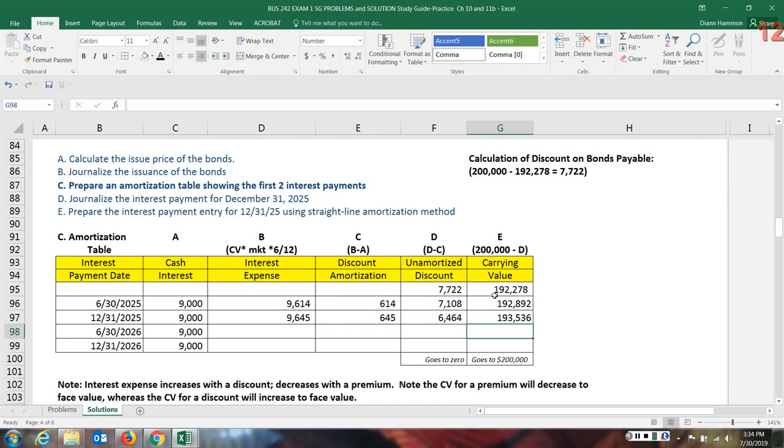So notice this amount is going up each time there is a payment made. Let's do it 2 more times and then we'll be finished. So carrying value, now I'm going to just take the shortcut. 10% divided by 2 is basically 5%, so I'm just going to take that shortcut now. The amount of amortization for this period is the total interest expense minus the payment, or $677.